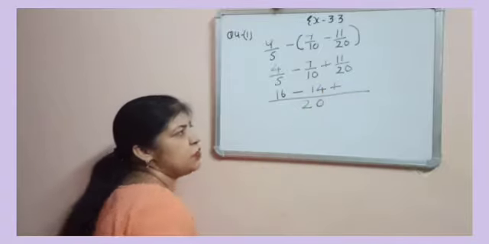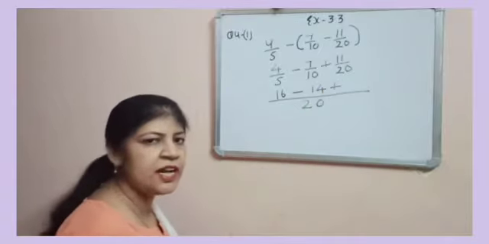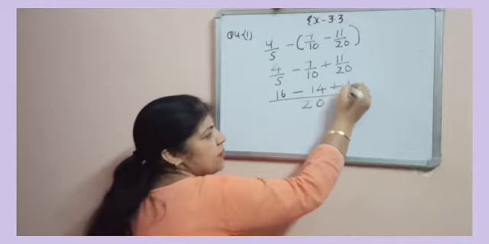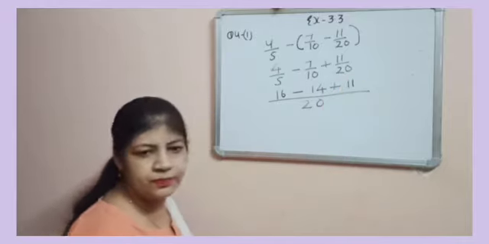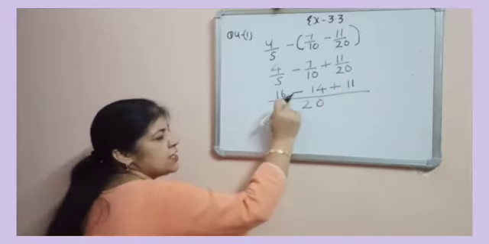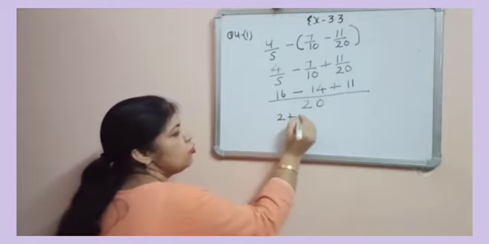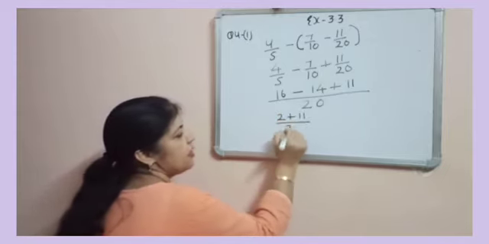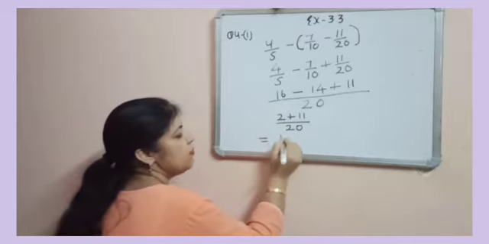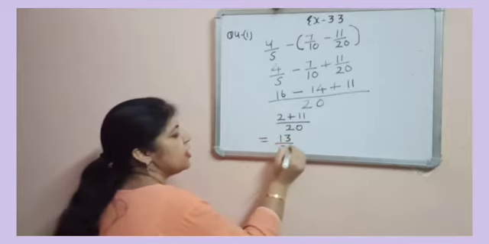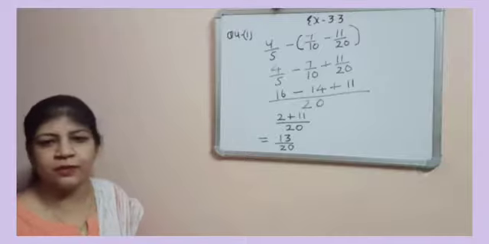Plus divide 20 by 20, you will get 1, and multiply 1 by 11. Now 16 minus 14, 2. 2 plus 11 upon 20, and 2 plus 11 is 13, so 13 by 20.